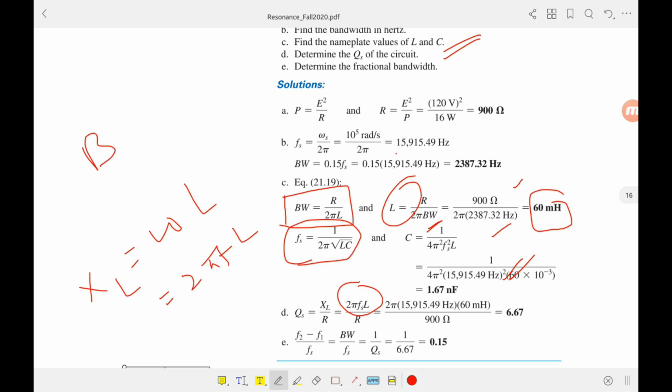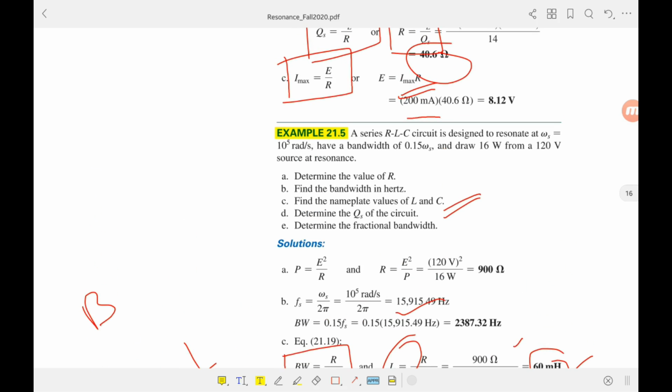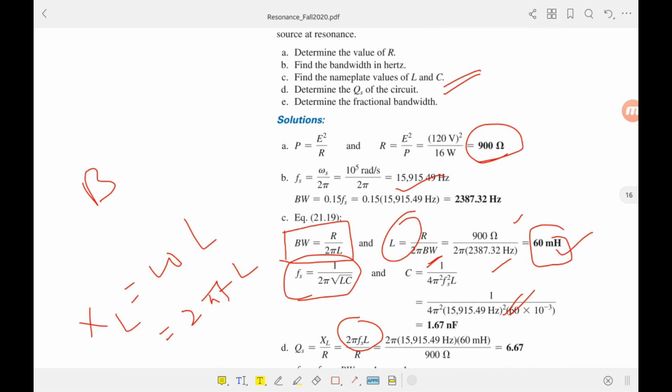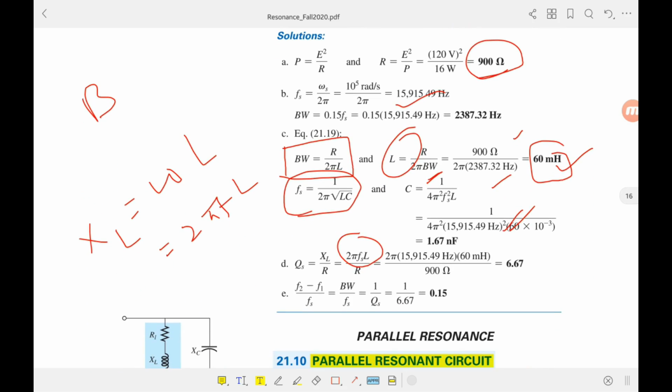Fs is calculated here, L is calculated here, and the value of R is given in the question. Also we calculated the value of R in question A, so it is not given, we calculated it anyway. So all values are available, so we can calculate the value of the quality factor.